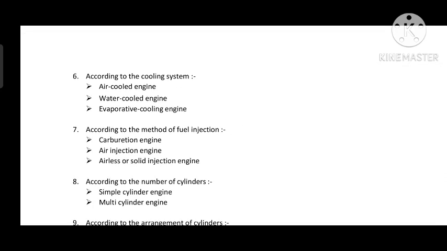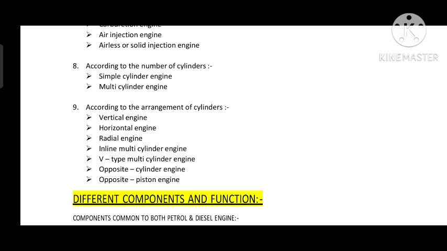Next, according to the cooling system, air cooled engine, water cooled engine, evaporative cooling engine. According to the method of fuel injection, carburetor engine, air injection engine, airless or solid injection engine. So these are the classifications of IC engine.